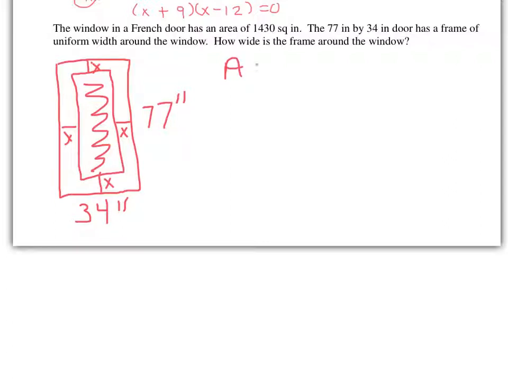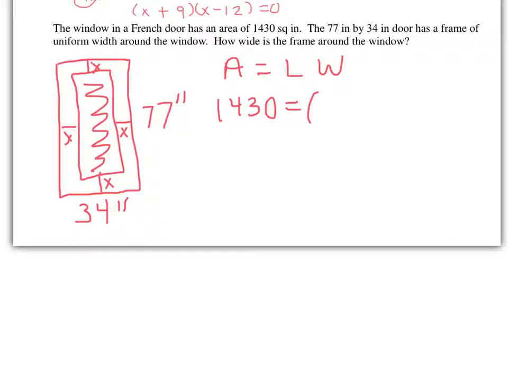The area of a rectangle is length times width, and that area is 1,430 square inches. What is the length of this window? Well, the outside length is 77 inches, but we need to take the frame off at the top and at the bottom.